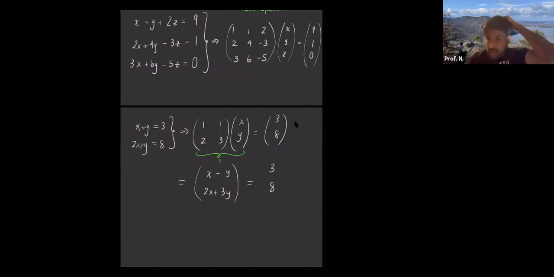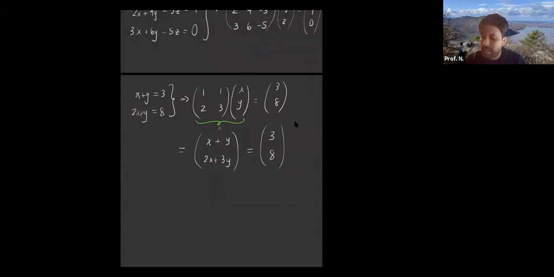Now you're like, wait, you just wrote it again. Why does this matter? Now, because there's a sum here, right? Can't I rewrite this as a sum of 2 matrices? Can't I write this as X, 2X plus Y, 3Y? Can't I do that?